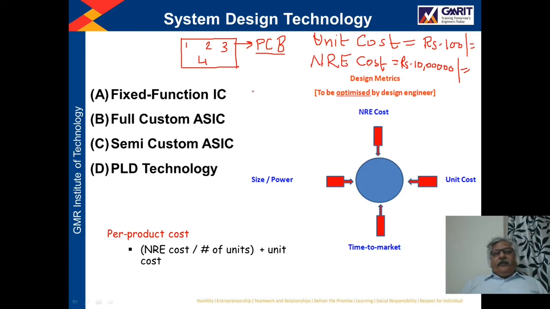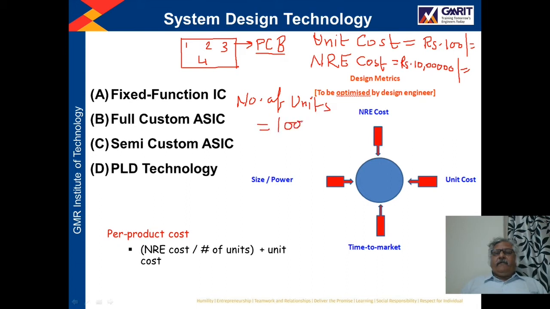Now, what will be the cost per product? Let us assume a total of 1000 units are manufactured by the company. So number of units is equal to, let us assume, 1000.